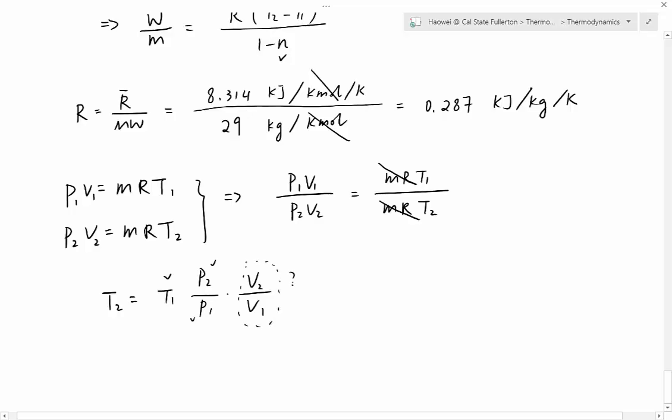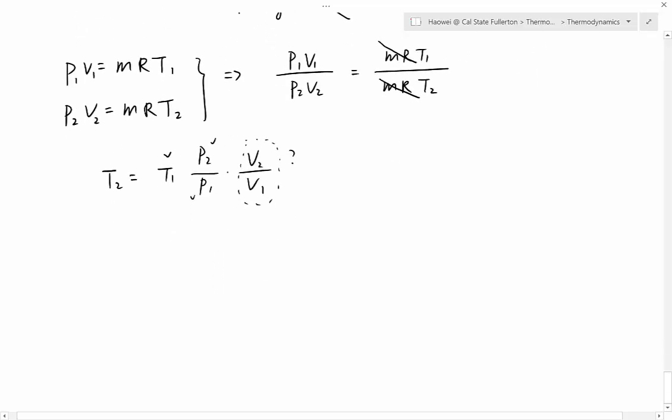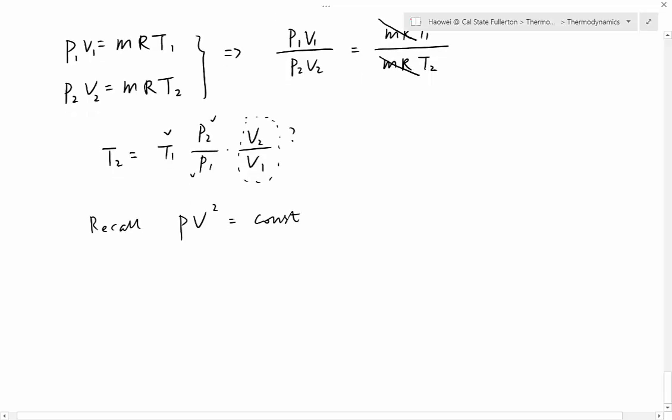How do we look for V2 over V1? Let's recall. It's a polytropic process, and PV squared is equal to constant. So now we can apply this equation twice, the first time to the initial state, the second time to the final state. Because the value is constant, initial P1 V1 squared must be equal to final P2 V2 squared.